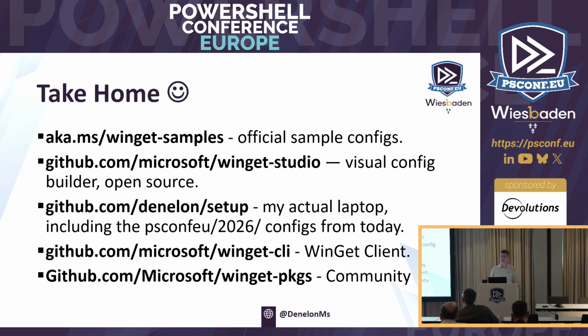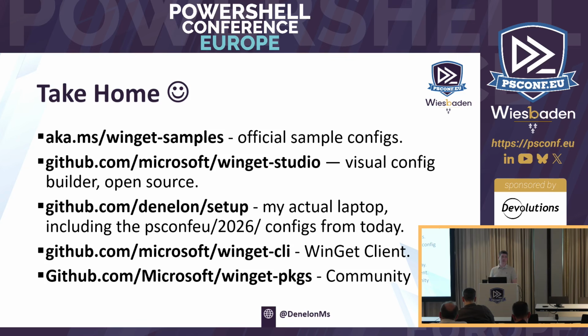So this is the slide you want to take a picture of that's got all the links to everything. The Winget samples just takes you into where we do a lot of the open source work on the Winget DSC repository. All of the modules we built are documented. I have both V2 and V3 configuration samples for all of them. That's where the skill that I built for Copilot to convert resources is. We've got Winget Studio, which is a visual playground for you to go in to look at your configuration. It can validate and run it and test it.